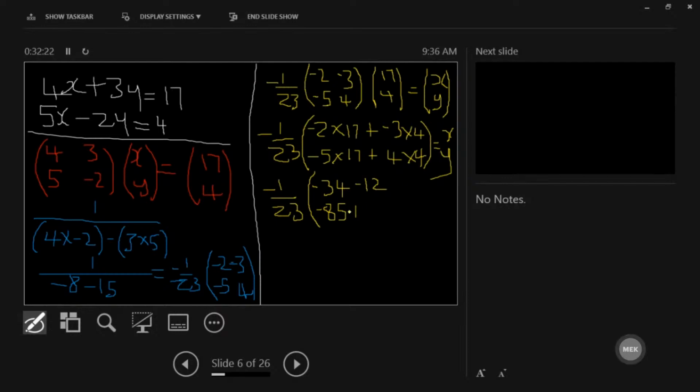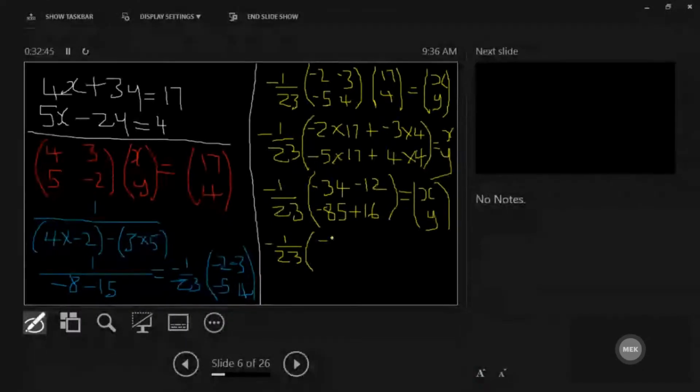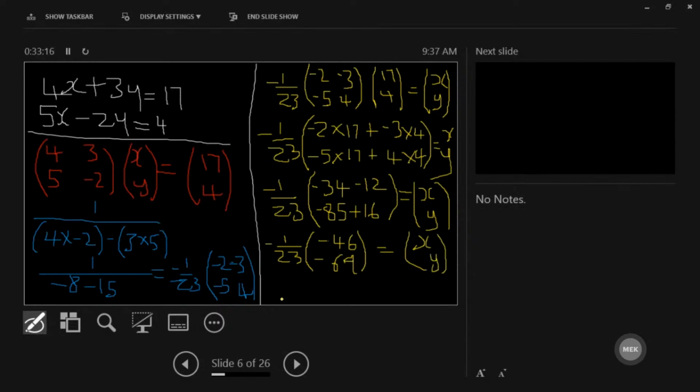And 4 times 4 is 16. So negative 1 over 23 times, negative 34 minus 12, that's negative 46, and negative 85 plus 16, that's negative 69, equals x and y.